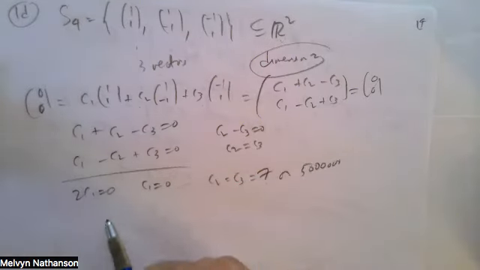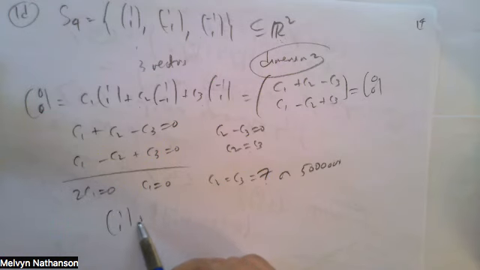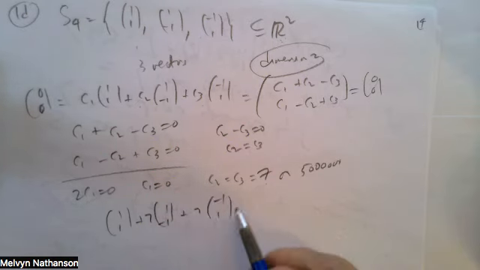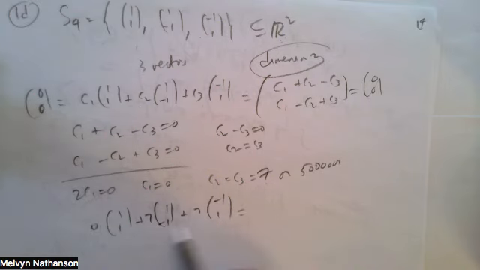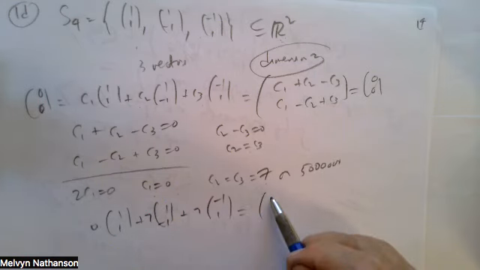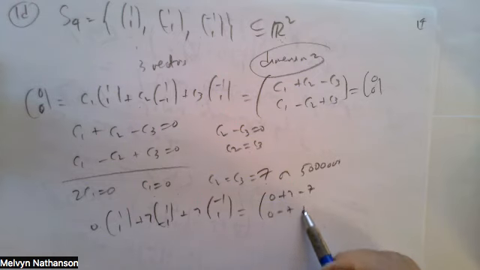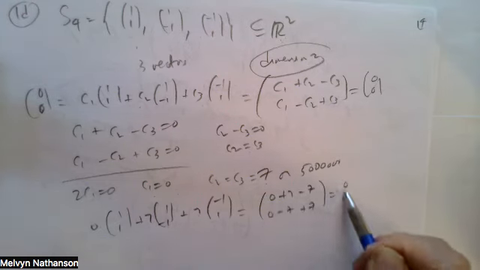Just take some number. If you have 0 times (1, 1) plus 7 times (1, -1) plus 7 times (-1, 1), with C1 being 0 and C2 and C3 being the same, you get 0 + 7 - 7, 0 - 7 + 7, which is (0, 0).